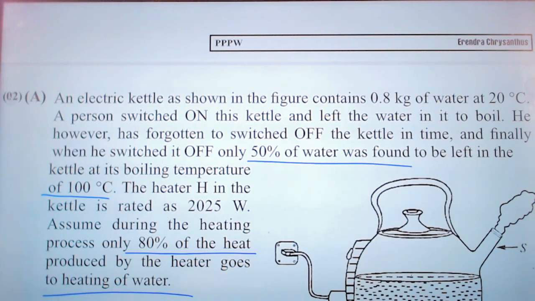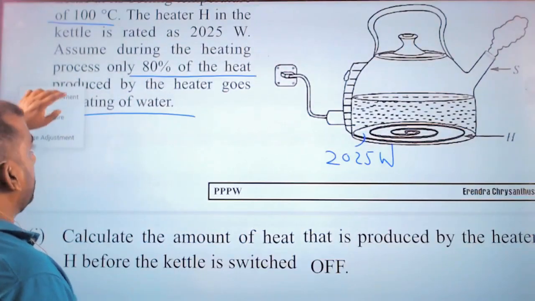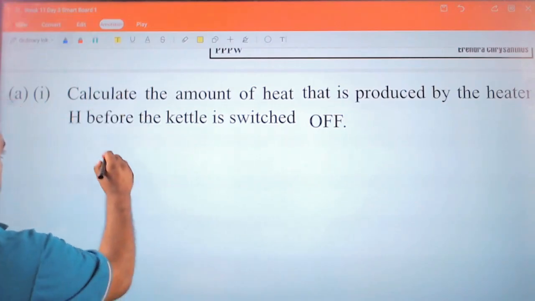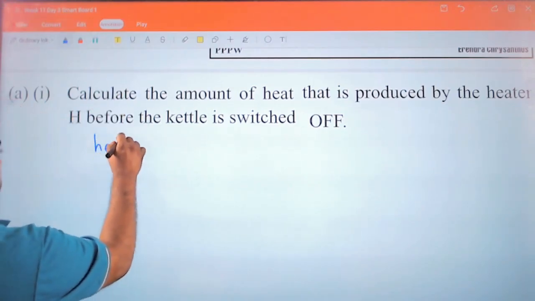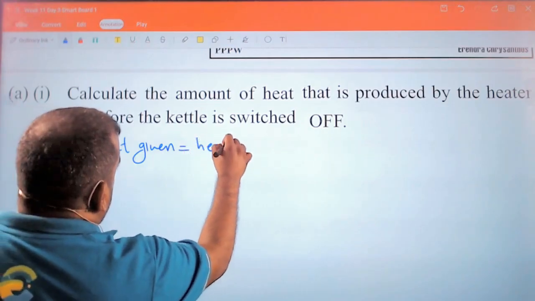Right. So vaporization also takes place. Vaporization also takes place. Don't forget, when you write the equation, consider the vaporization also. So heat given equals heat absorbed.